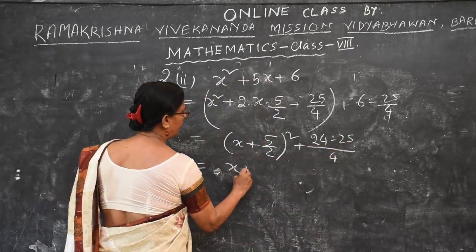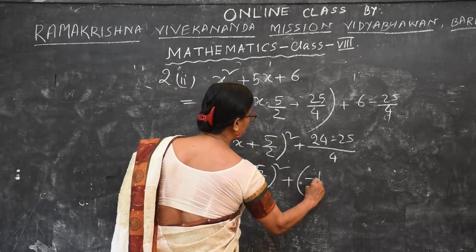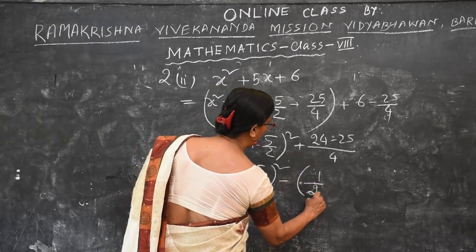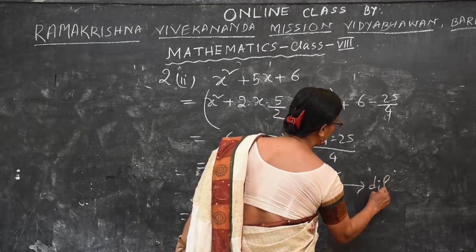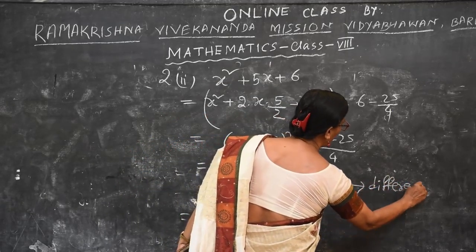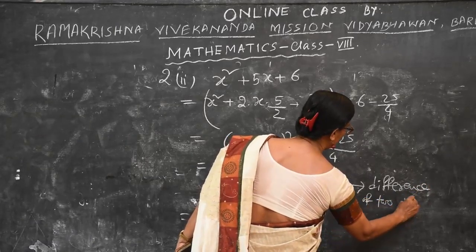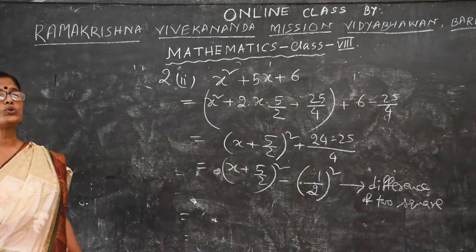So x plus 5 by 2 whole square minus 1 by 2 whole square. It is the difference of two squares.